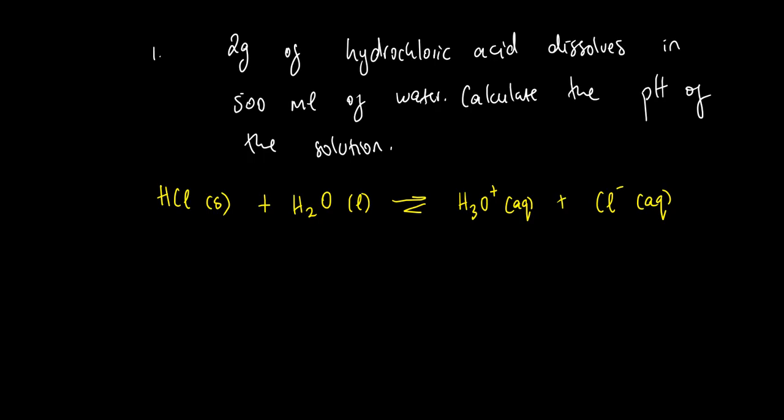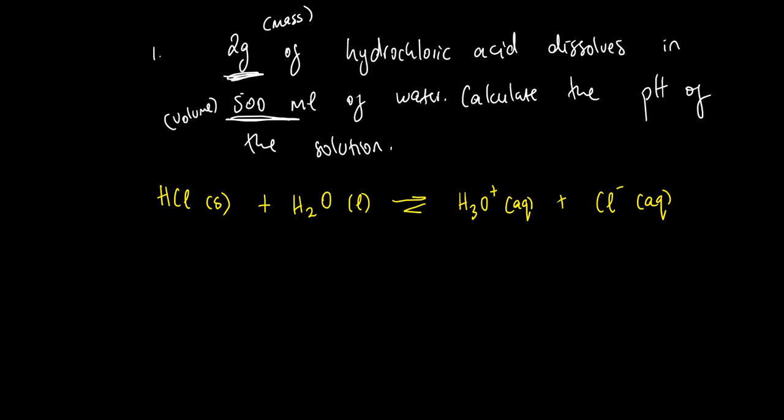So what do we then do? Remember that we cannot just simply calculate the concentration of H3O plus. I mean, we have the mass, which is m, and then we have the volume, right? So since we have mass and volume, we can actually calculate the concentration of HCl.